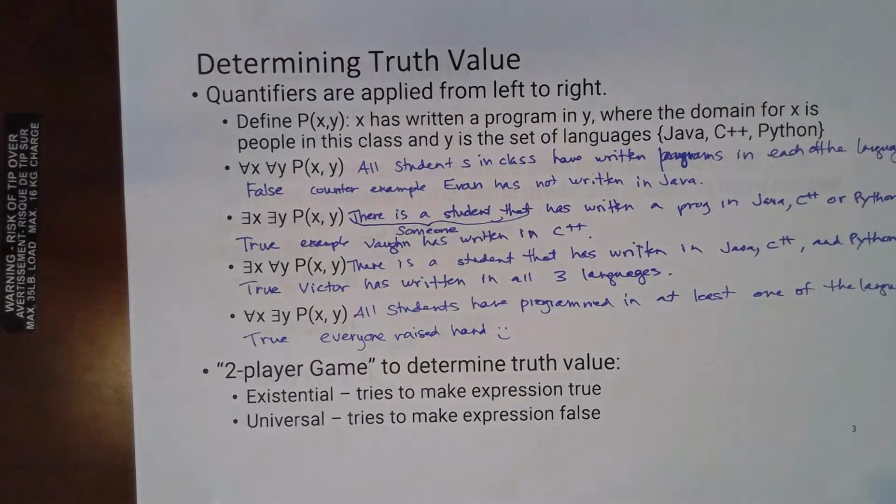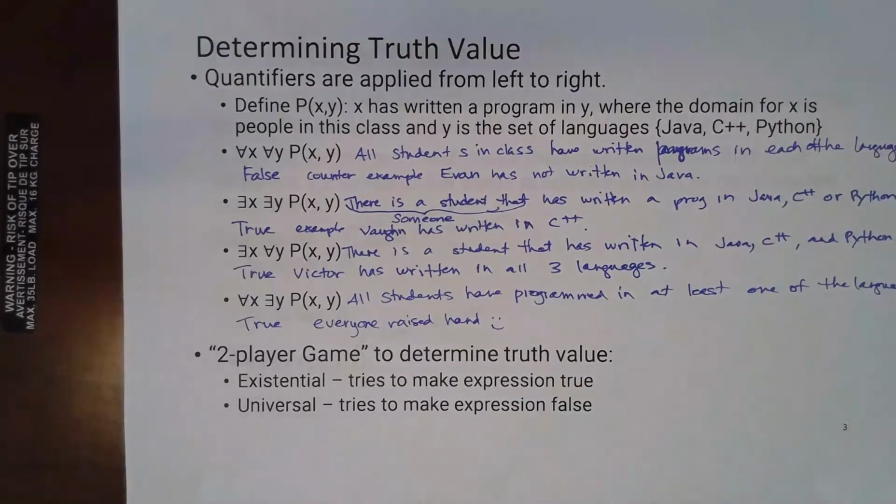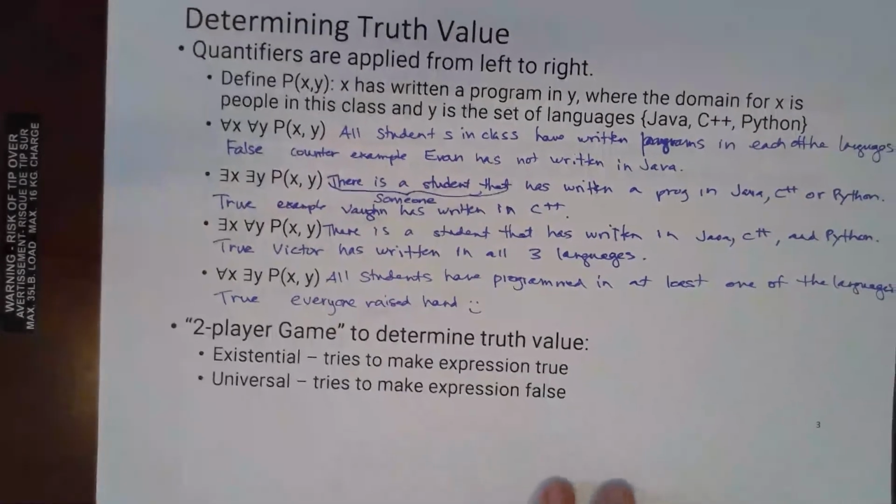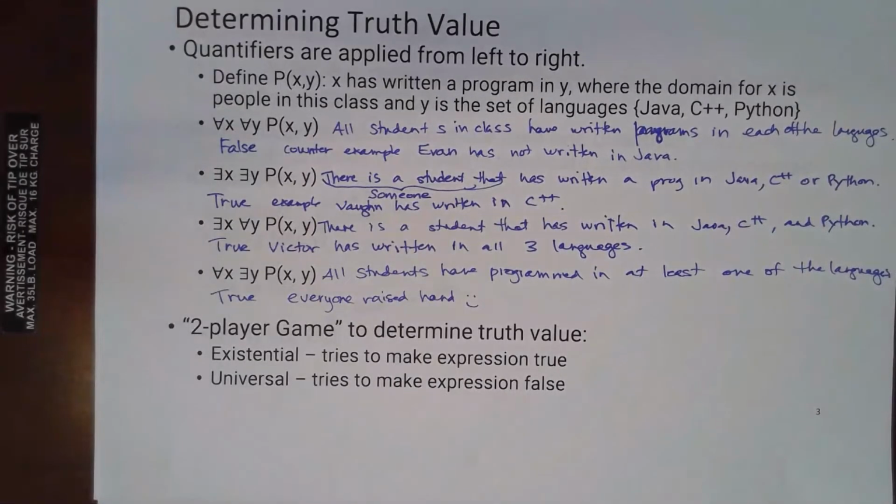All right. So in general, when we're trying to prove that these kinds of statements are true or false, we can view this as a two-player game. You've got the existential quantifier and the universal quantifier, and they're kind of playing a game, especially when you have one of each.